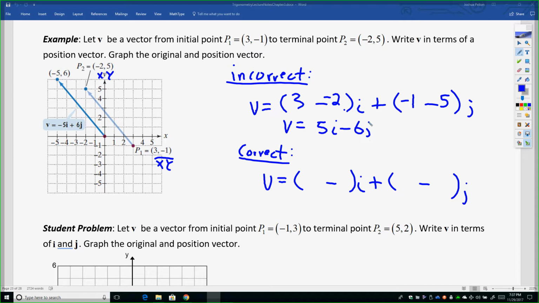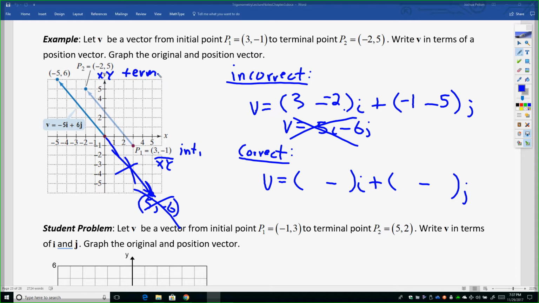But if I did 5i minus 6j, that would put me over here at 5, negative 6. Well, that can't be true. That gave me the vector going in the opposite direction, right? So if I did it the correct way, which is terminal minus initial, this is my terminal, and that's my initial according to the directions.